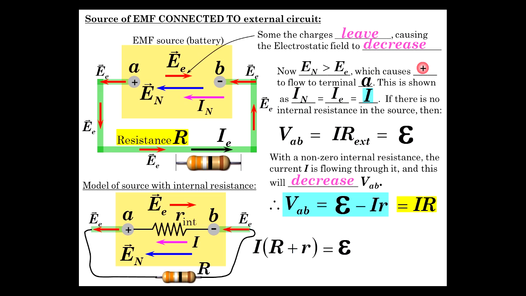I times big R plus little r is EMF. And we have I, the current flow, is equal to the EMF, which is a characteristic property of the battery, over the combined resistance R plus r. We have this resistor and the external resistor both conspiring to reduce the current. And you can see there's reduction because they're both in the denominator.